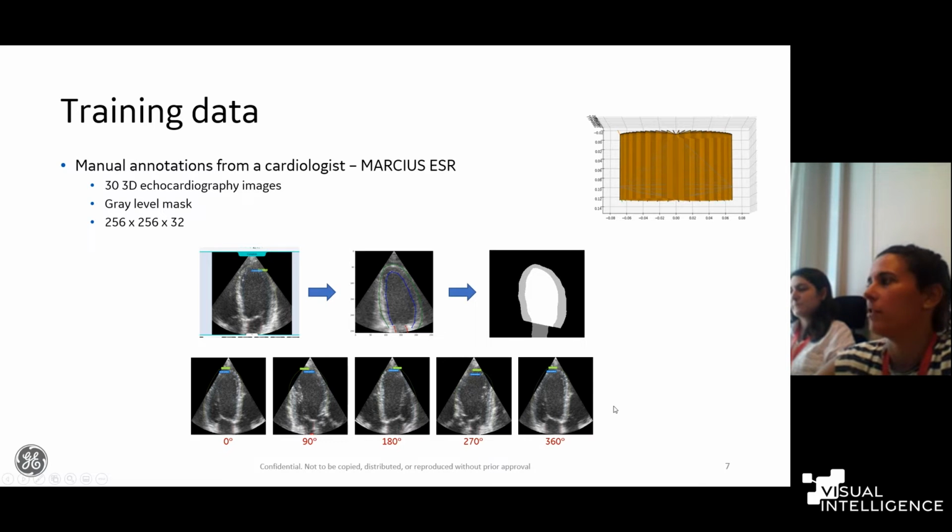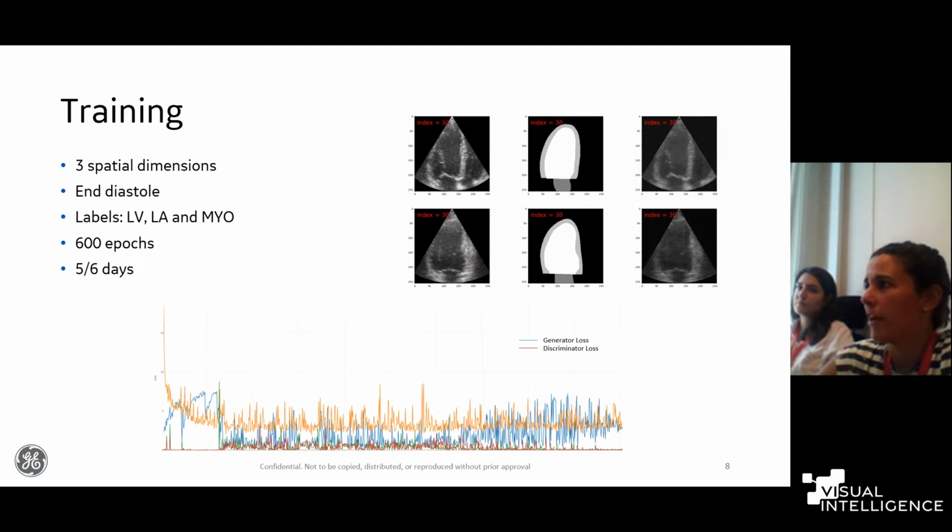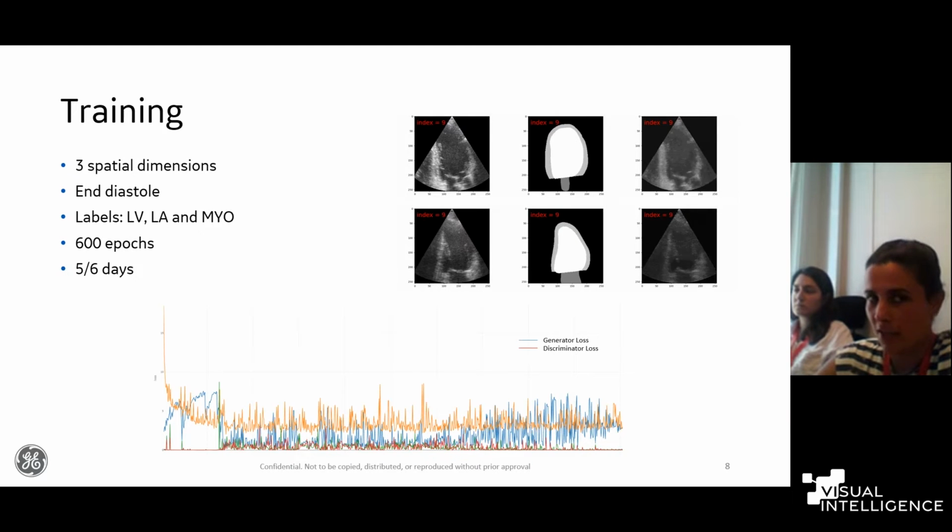And then all these images were annotated by cardiologists, which is part of our project. And these gray level masks were generated corresponding to each of the 30 training volumes that I used. So during training, this is a 3D GAN, and the 3 dimensions that I'm talking about are the spatial dimensions.